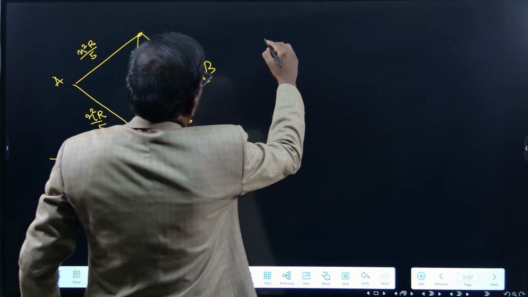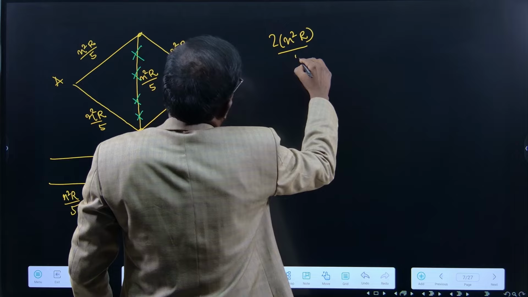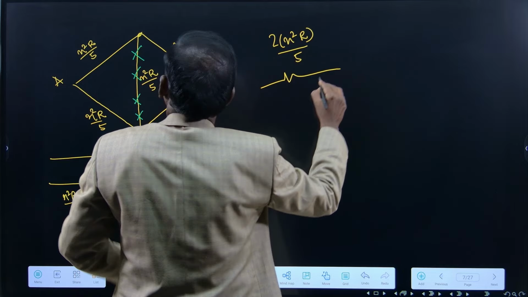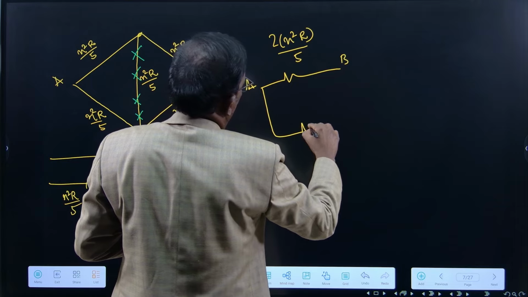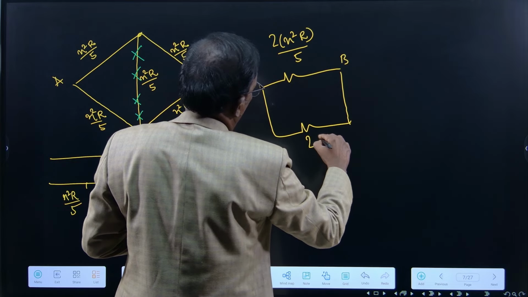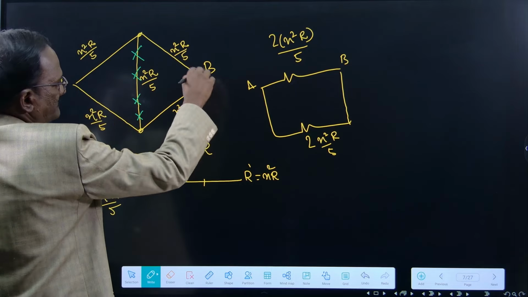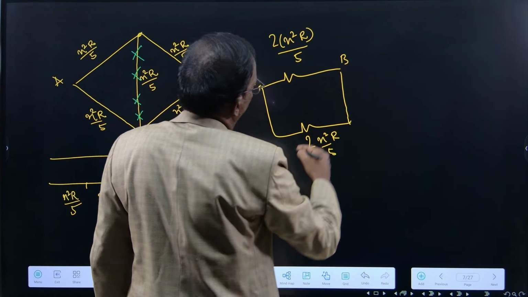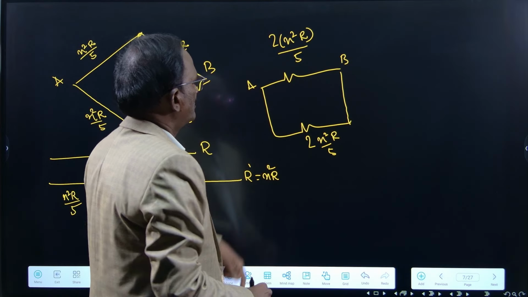So this is 2 into n square r by 5, first part AB. Then this is 2 into n square r by 5, this part, bottom part, right? Then the equivalent value will be equal values, so divided by 2.